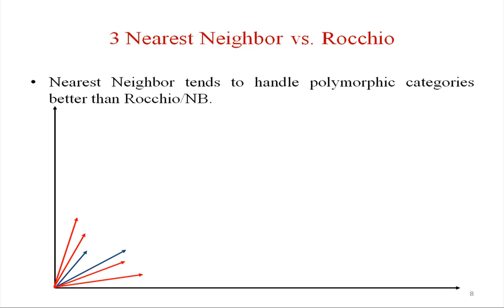Now 3 nearest neighbor versus Rocchio. Nearest neighbor tends to handle the polymorphic category better than Rocchio. For example, here the red arrows represent documents of the red label, two arrows on the left side and two on the right side.